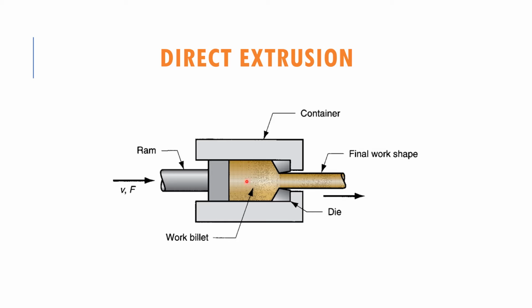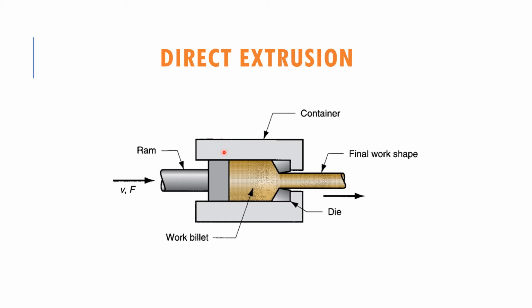This material will be pushed by the ram with the force, and then it will be coming out from the die opening over here. In order for you to understand, for direct extrusion, the force direction and also the direction of the work material is the same, then it is called direct extrusion.